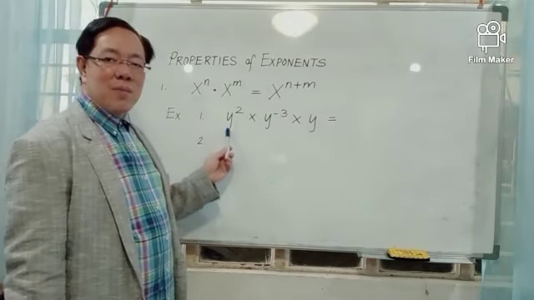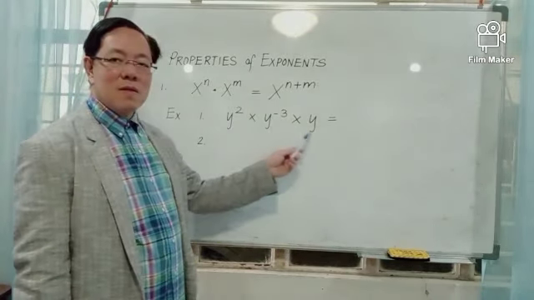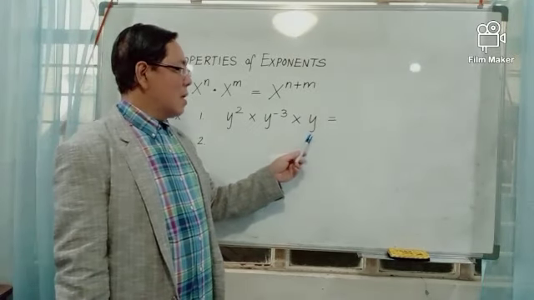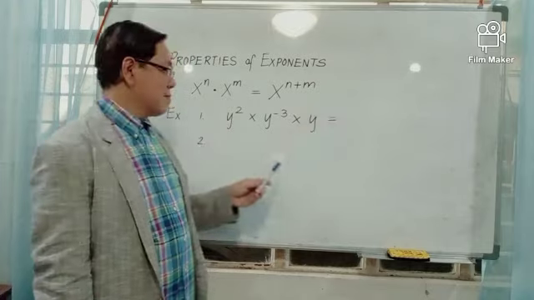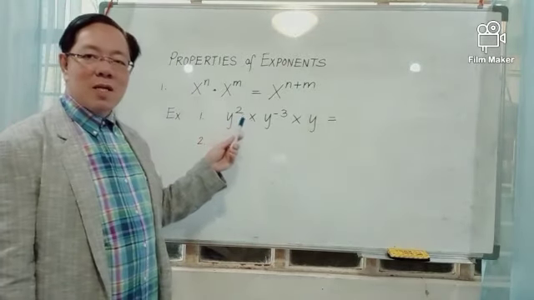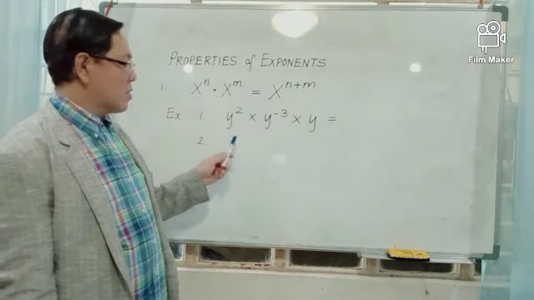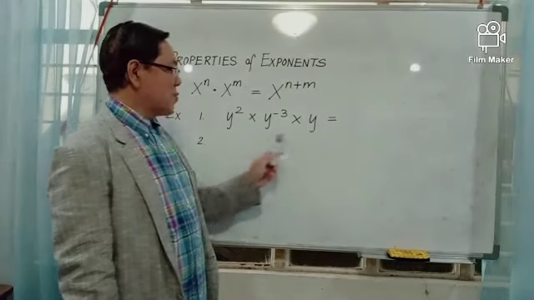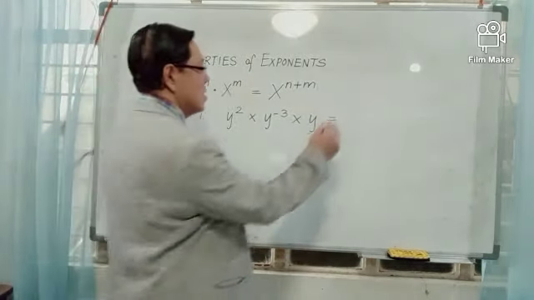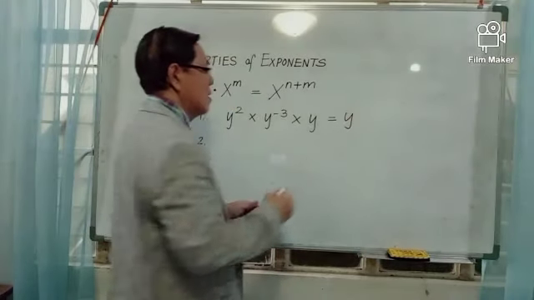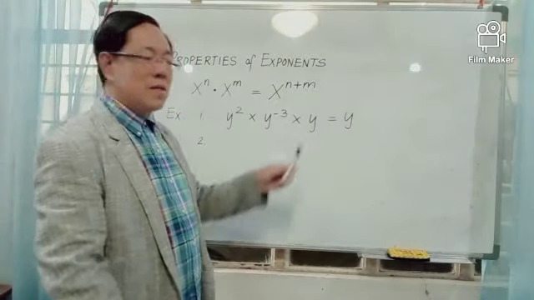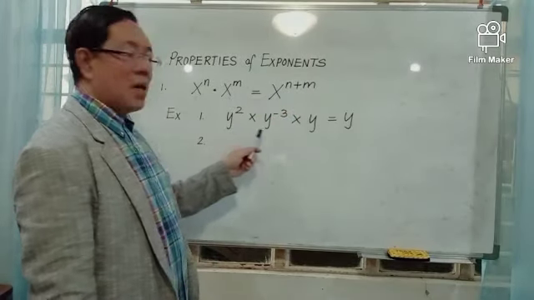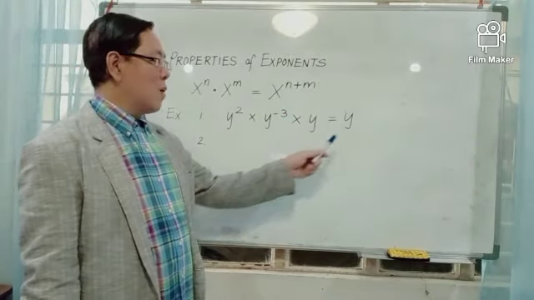So we obtain the product of these three factors, y squared, y to the negative 3, and y raised to 1. By this property, copy the common factor. Common factor is y. So this product is equal to y. And we add the exponents of the common variable y.